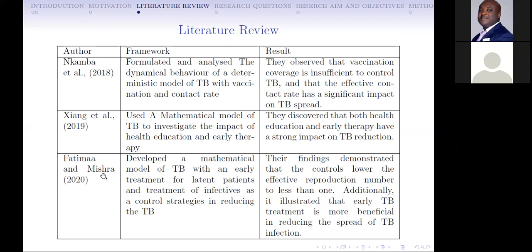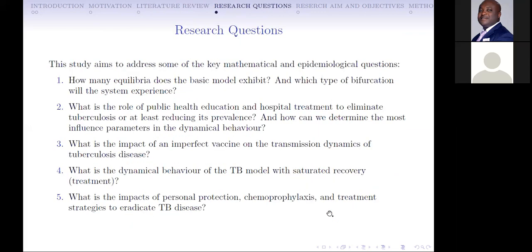Fatima and Mishra developed a mathematical model of TB with an early treatment for latent patients and treatment of infectives as control strategies in reducing TB. Their finding demonstrated that the control lowered the effective reproduction number to less than 1. Additionally, it was demonstrated that early TB treatment is more beneficial in reducing the spread of TB infection.